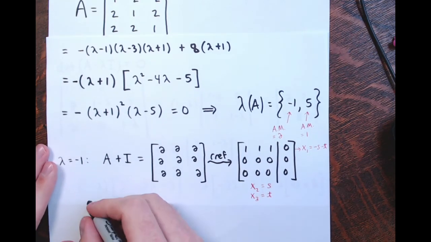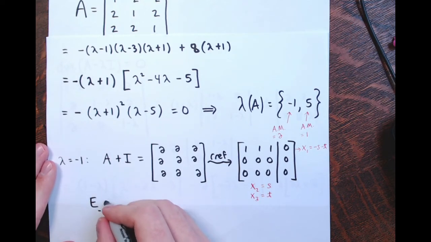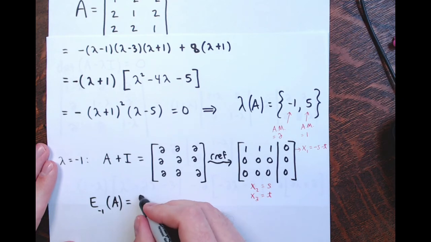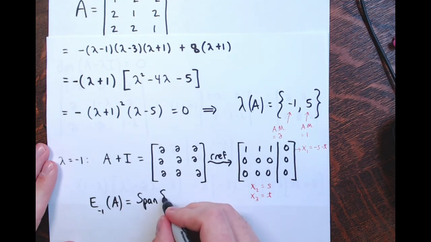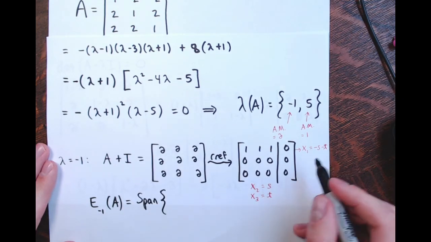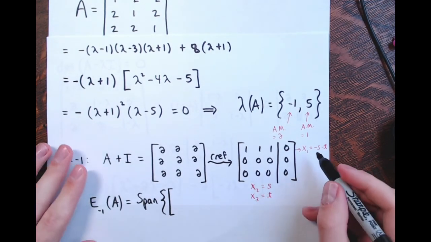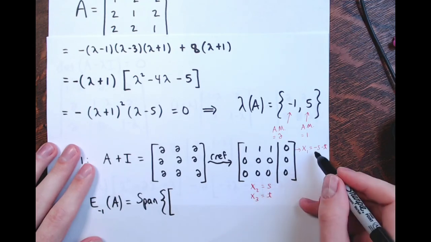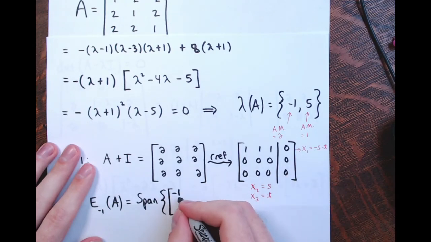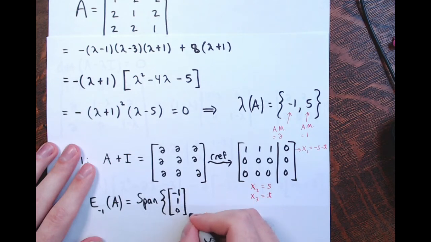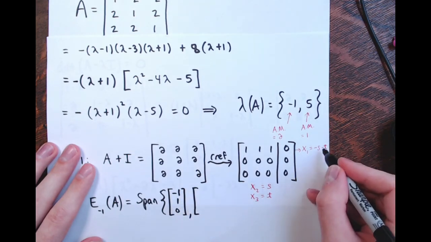So hopefully you can see that the eigenspace of A corresponding to lambda equals -1 is the span of 2 vectors. I do have a geometric multiplicity of 2. The geometric multiplicity is equal to the algebraic. That's great. I can find 2 independent eigenvectors from this. Coefficients of S down the components are -1, 1, 0. And the coefficients of T, -1, 0, 1.